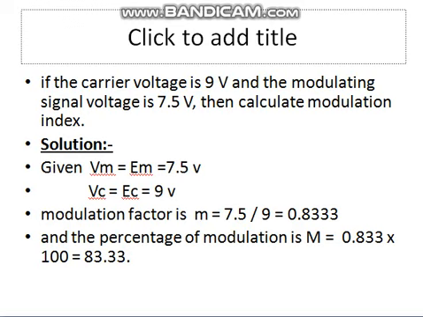Now we solve a question on modulation index. In the question, the carrier voltage is given as 9 volts and the modulating signal voltage is 7.5 volts, and we have to find the modulation index. We know the modulation index formula is the maximum amplitude of the modulating signal divided by the maximum amplitude of the carrier. Dividing 7.5 by 9, we get 0.83, and in terms of percentage, we multiply by 100, so we get 83.33.